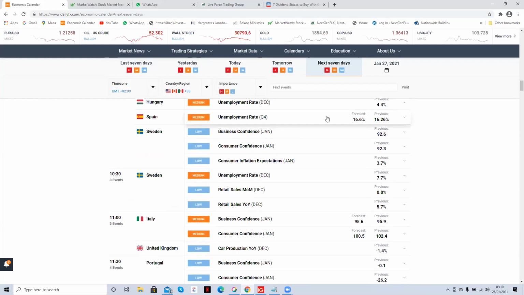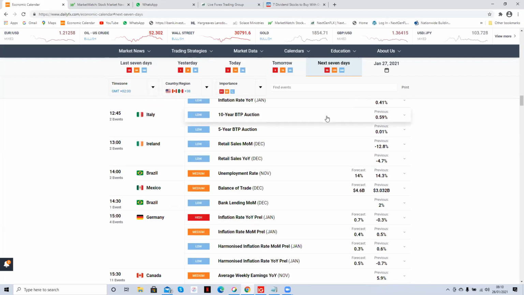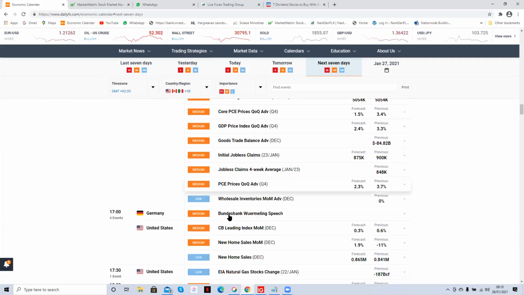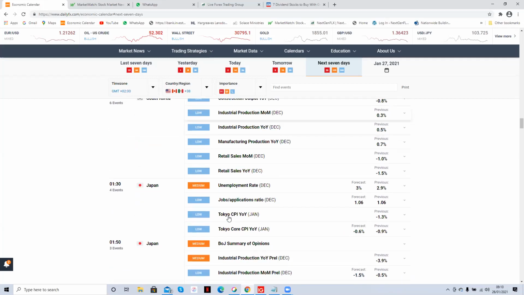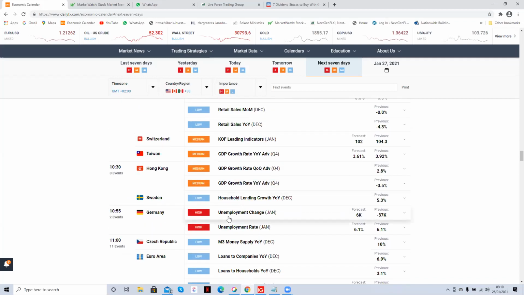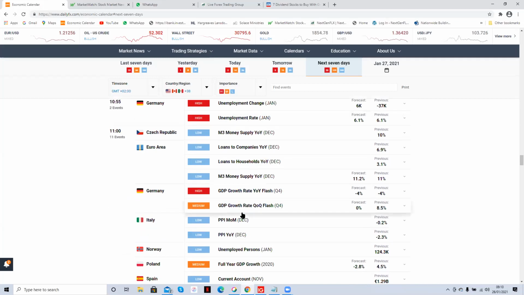So Thursday, let's see what's coming out on Thursday. On Thursday, we have the German inflation rate and the US GDP growth rate. So that's some other big reports coming out on Thursday, inflation rate and GDP. And let's see, Friday. On Friday, we have the German unemployment rate, and again, that's huge.